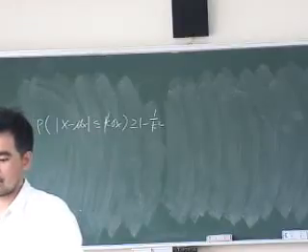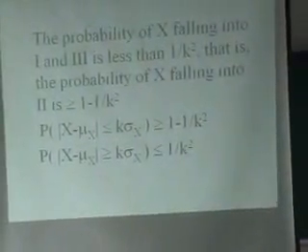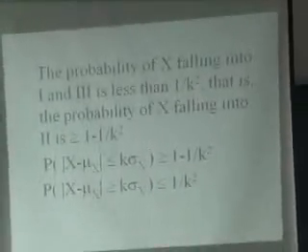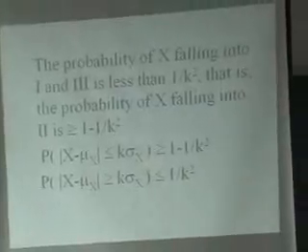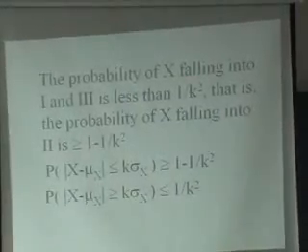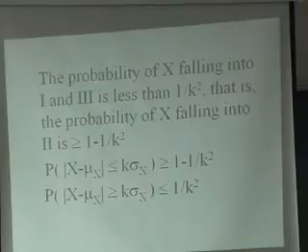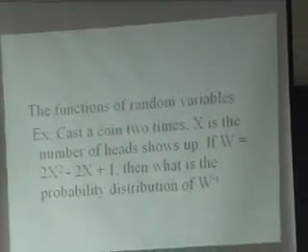Then you know the probability is at least 1 minus 1 over k squared. We're going to talk about some examples so that you know the properties and why we have this Chebyshev inequality.